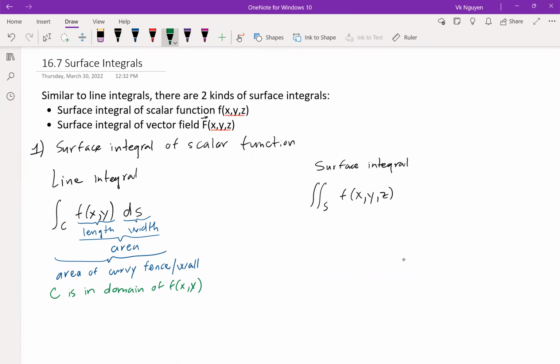So for the surface integral, S must be in the domain of f(x, y, z). f(x, y, z) is the family of surfaces. And here comes dS.